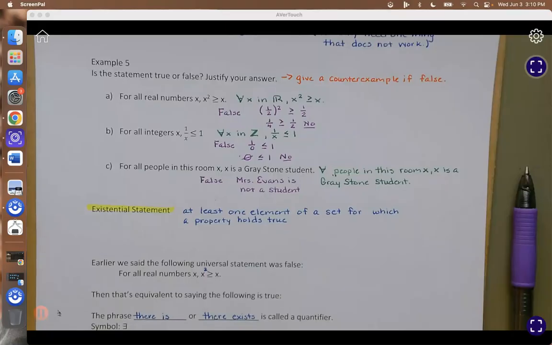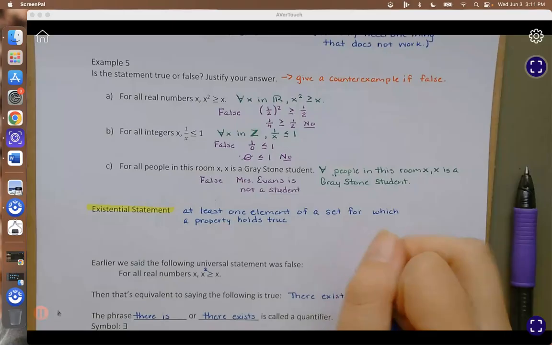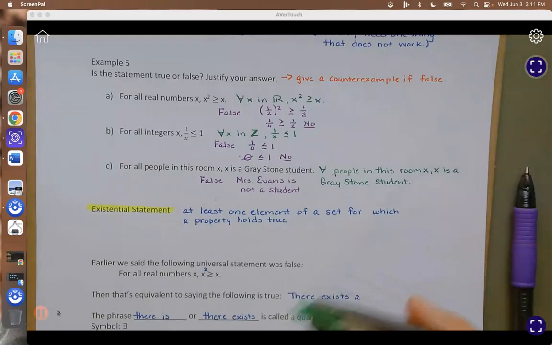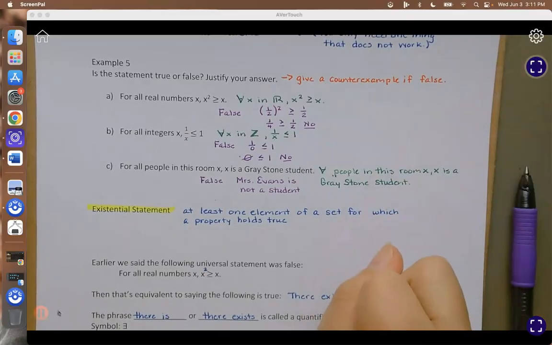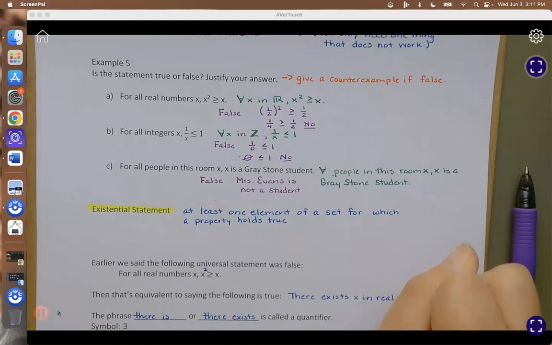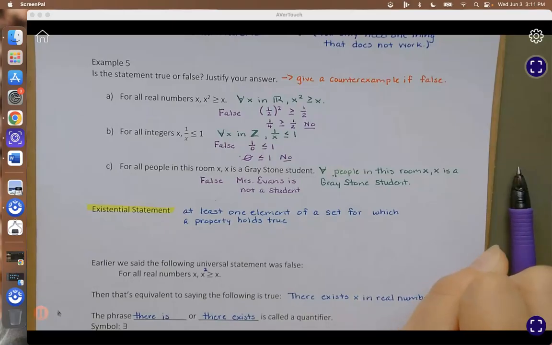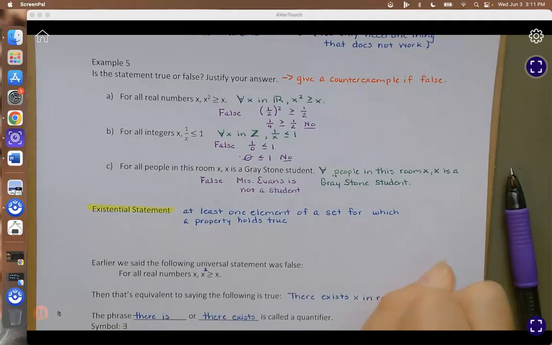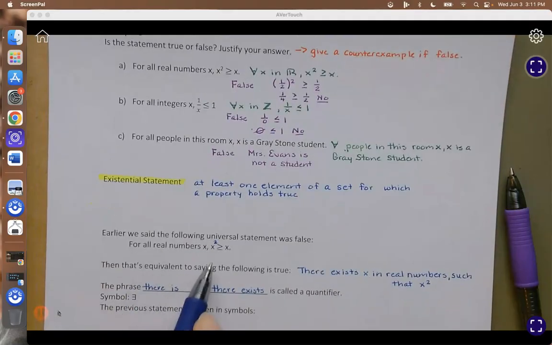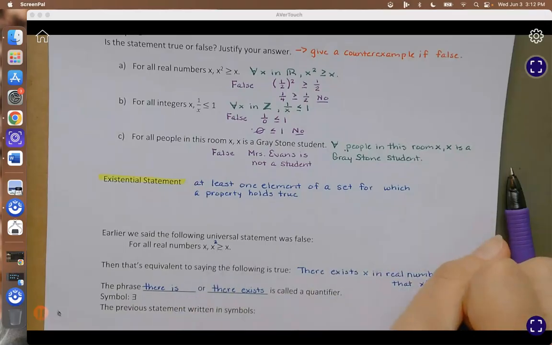Okay? So you could say there exist x in real numbers such that x squared, and when you change it from a universal to existential, and you have a symbol, you flip it, and if it has equal to, you take it away.